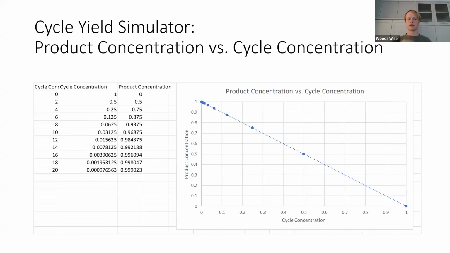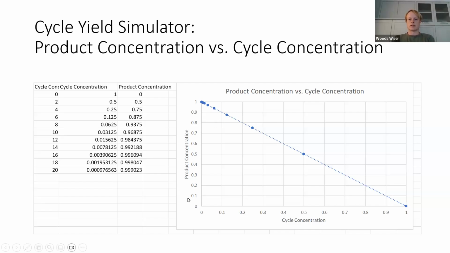It's just a purely linear trend line, because over time, as mass leaves the cycle, it leaves it in a linear fashion where basically, because the mass is conserved, we can just follow the trend line and predict what the product concentration will be when the cycle concentration is 0.